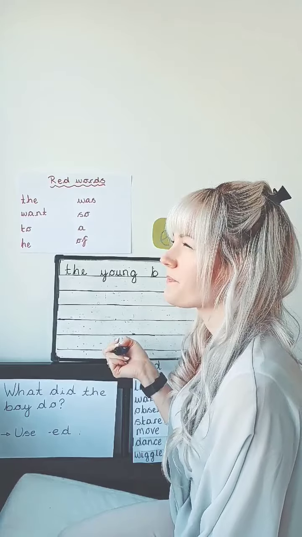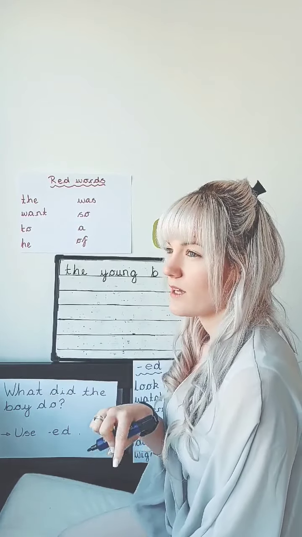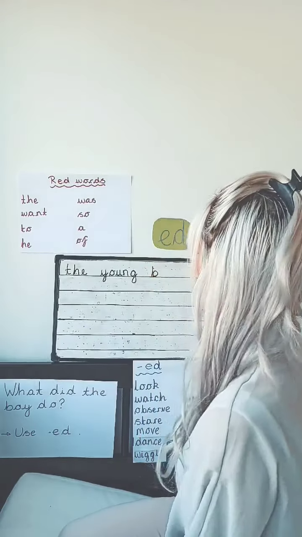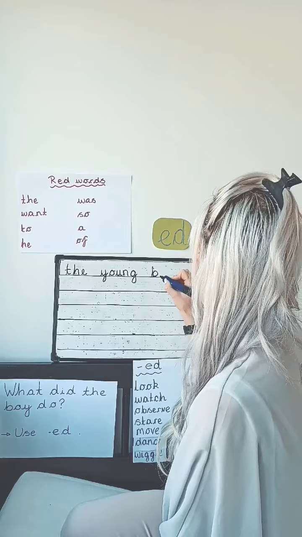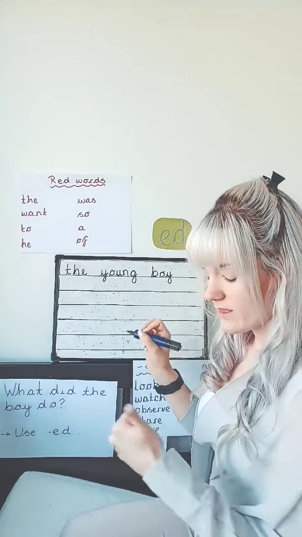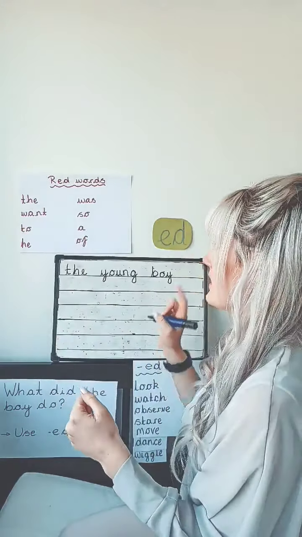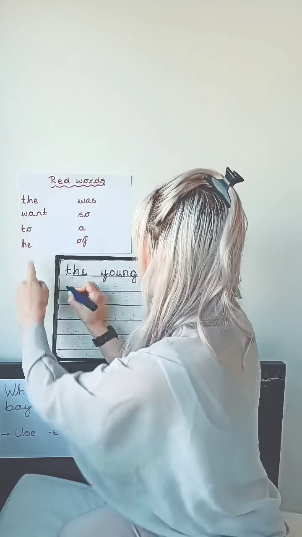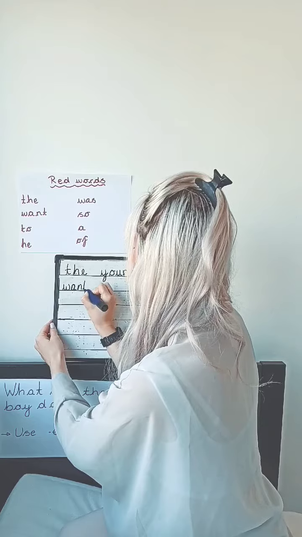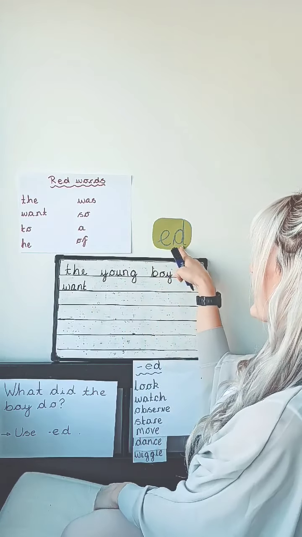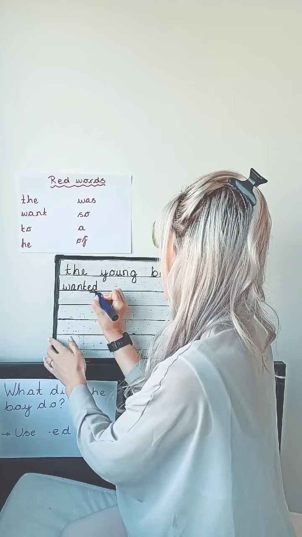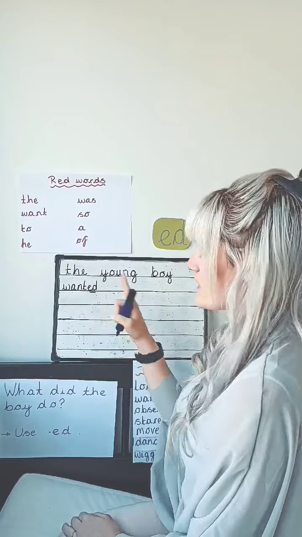Oi is it? Now I know that at the end of the word, quite a lot of the time it's oy for the sound oi, and I know boy comes at the end, so I'm going to use the oy. The young boy wanted. Now I know that want is up here, so wanted, ed. I'm going to underline that because I know that I've written it. So the young boy wanted.